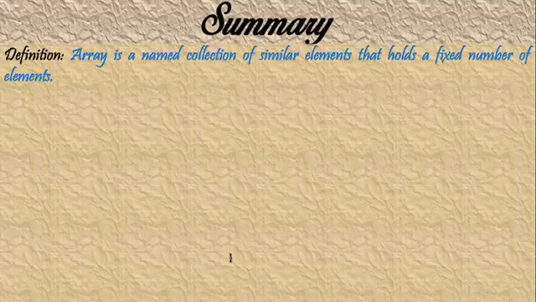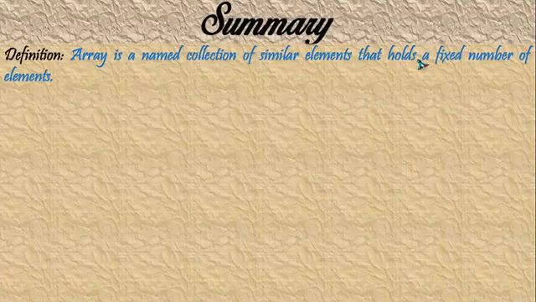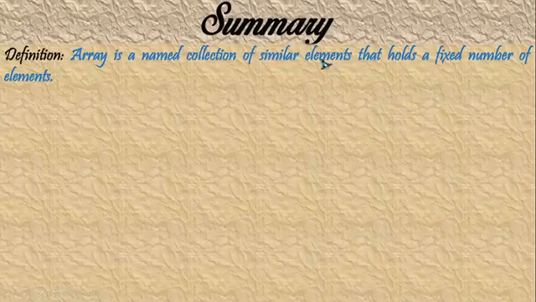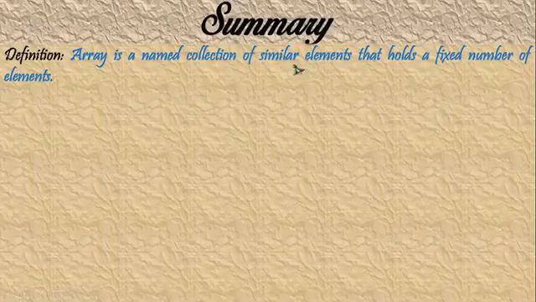Let us revise. Definition: an array is a named collection of similar elements that holds a fixed number of elements. So we cannot change the length of the array once it is declared, and all the elements will be of the same data type. We cannot have different data types in a single array.